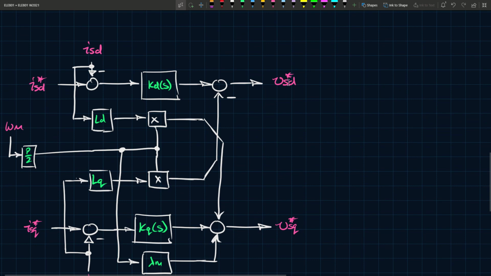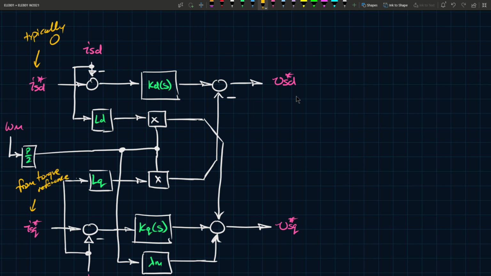Then we have Vsq and Vsd references, right? Typically, according to the schemes that we've discussed, this is typically 0, and this is from the torque reference.